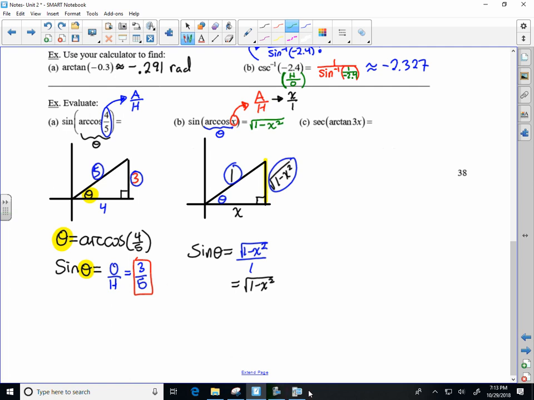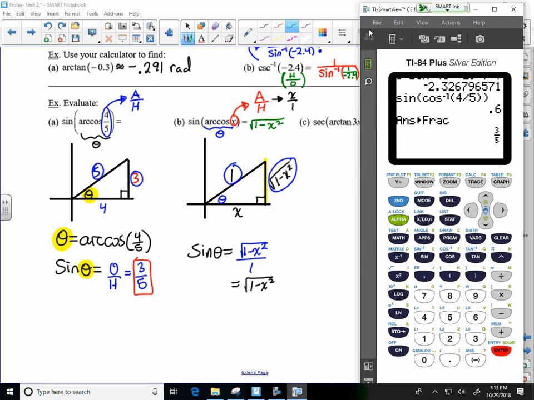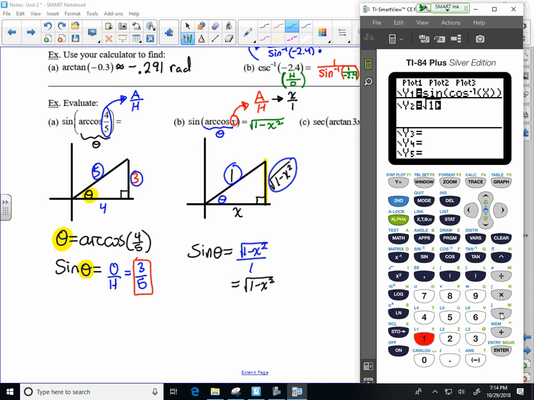Something you could verify. Sine of the arc cosine of x. And then I type in the square root of 1 minus x squared.